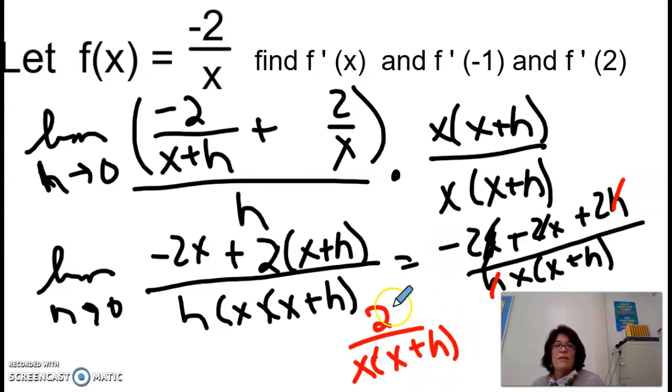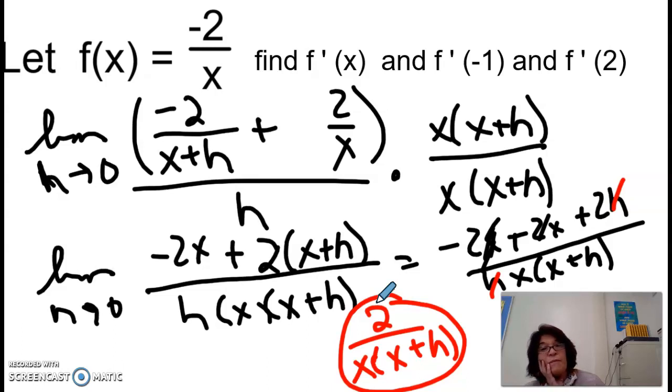Oh, it's just 2, right? Yes. 2 over x plus h. Okay, so this is my instantaneous rate of change anywhere on this function. All right? They're asking me for f prime of x, so f prime of x is 2 over, oh, what? I forgot to take the limit. Geez, I'm wondering why that h is there. I'm going to put 0 in for h. And we'll continue that on the next video.